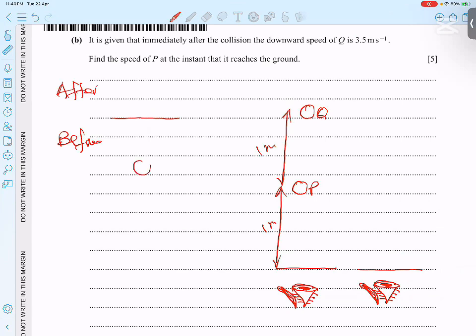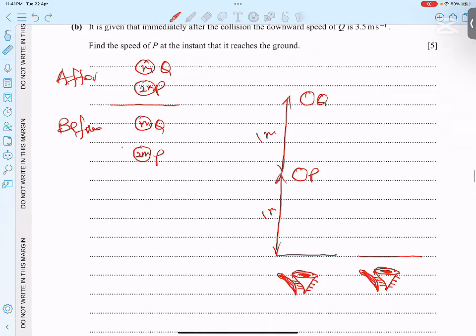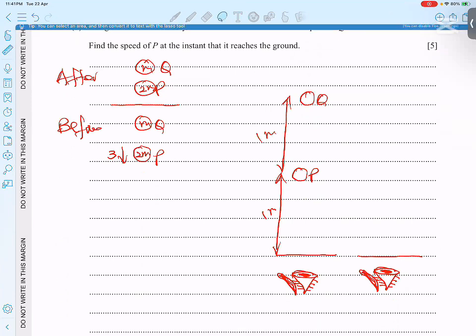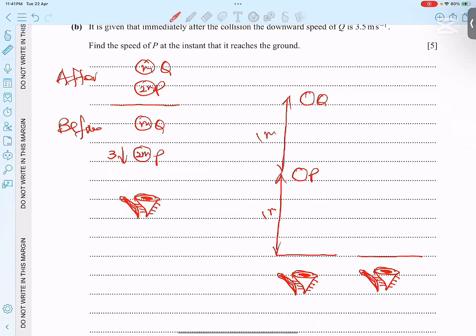Before collision, particle P is 2m and particle Q is m. So this P was moving downward 3 and Q was moving downward 5.